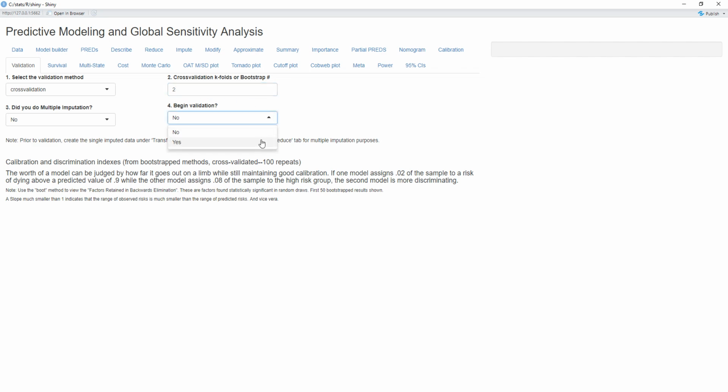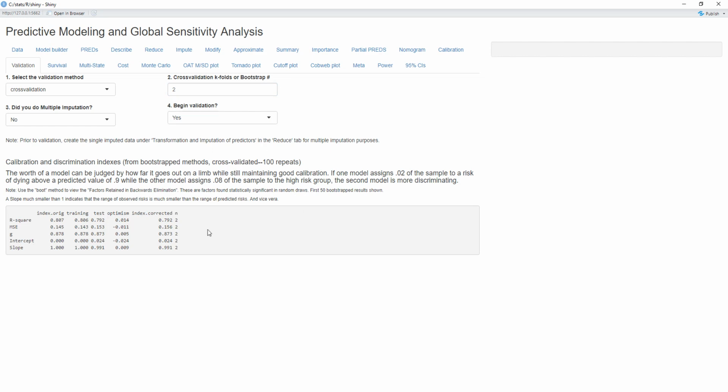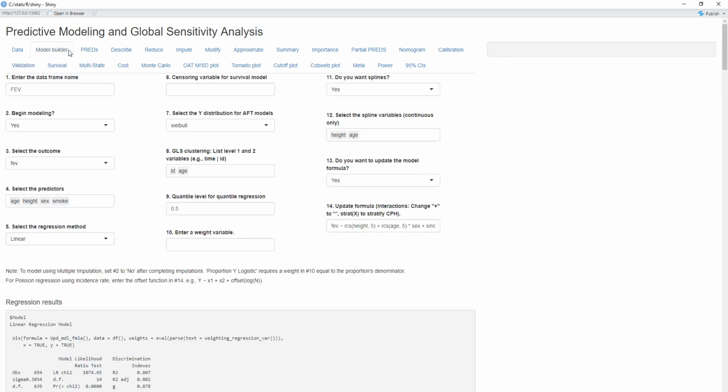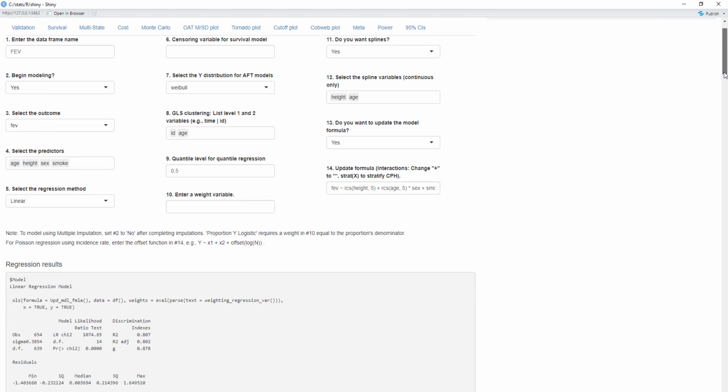So we're going to enter yes, and that'll give us the validated R squared 0.792. These settings give you the split half validation.